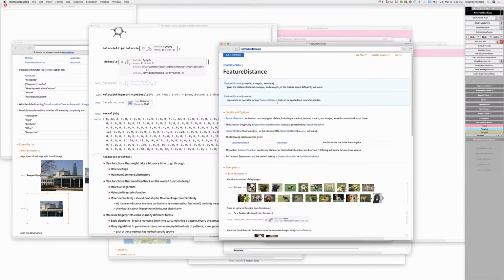Okay, so in principle, molecule dissimilarity is a one-liner. Maybe the name is too long and ponderous, but no, molecule dissimilarity is the right thing, I think. I like it.